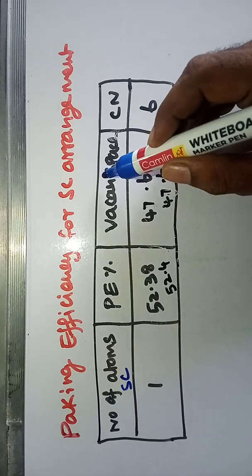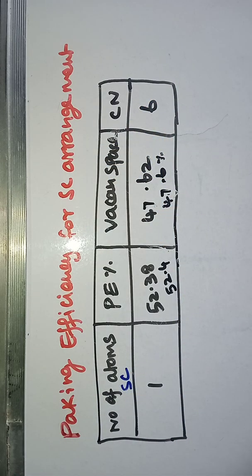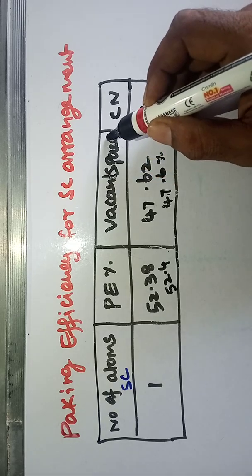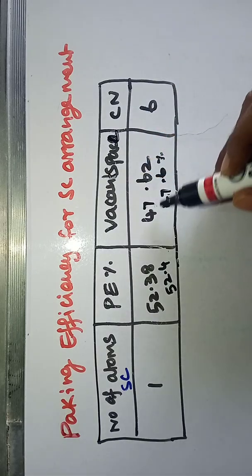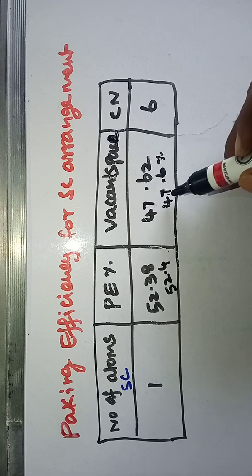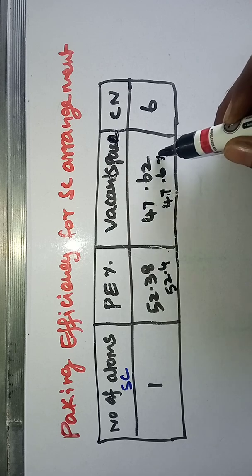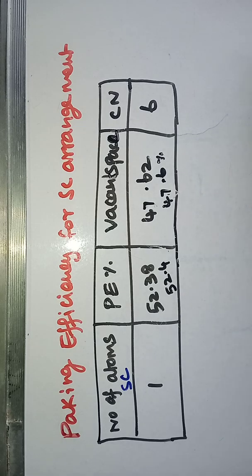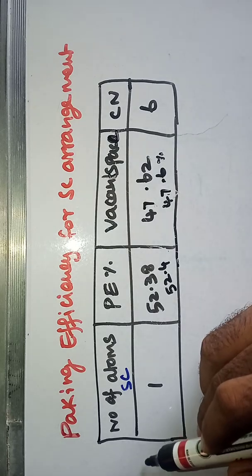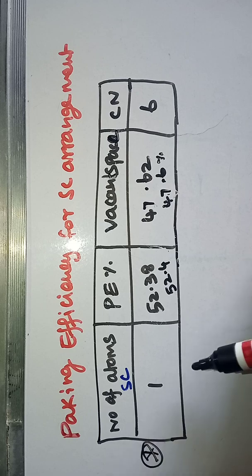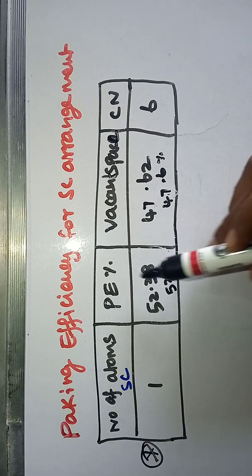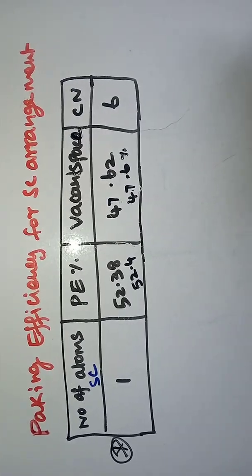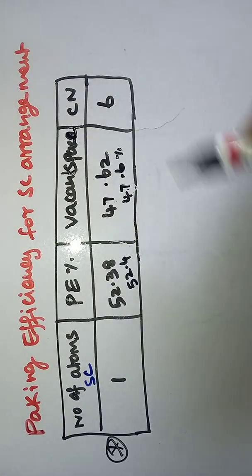Vacant space is 47.62, or 47.6 we can simply say. Then coordination number is equal to 6. This is very important for 1 mark. They will ask the number of atoms in simple cubic unit cell, packing efficiency, vacant space and the coordination number. In simple cubic unit cell the coordination number is 6.